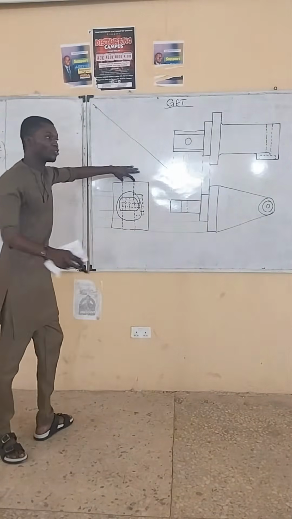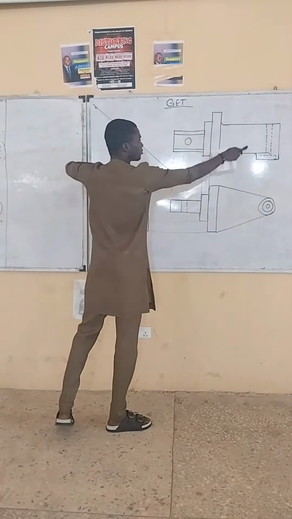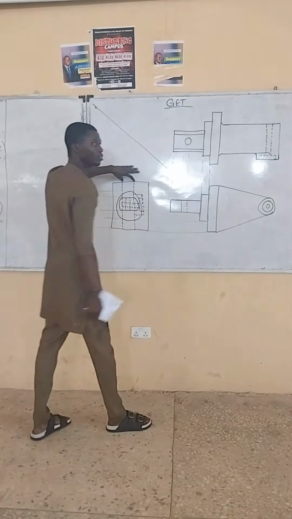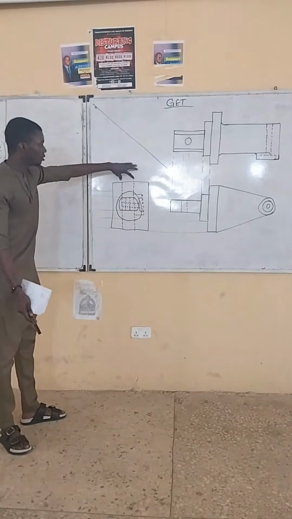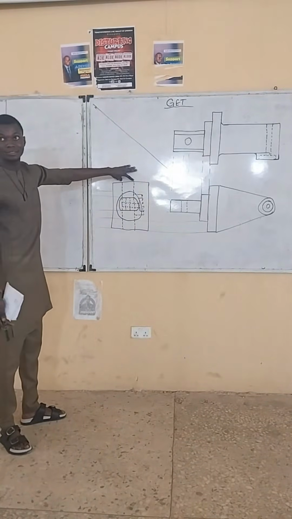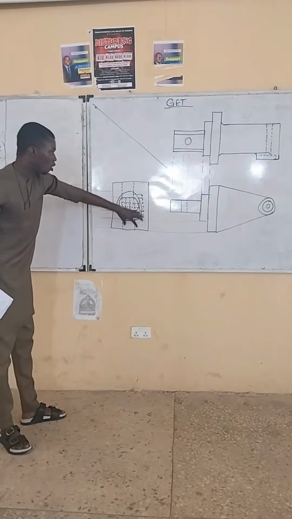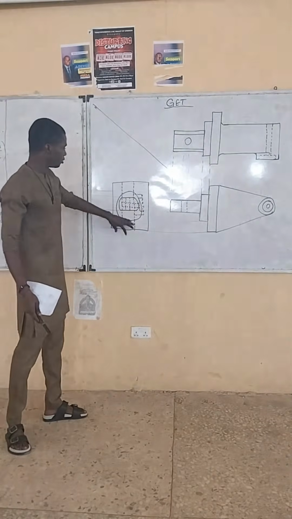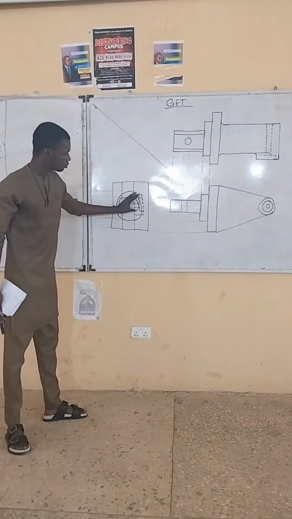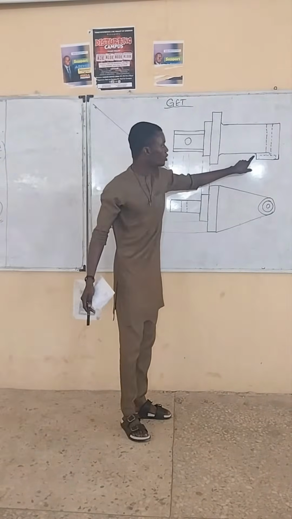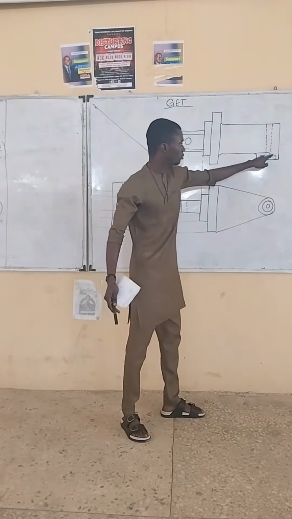If you look at the diagram, it's to indicate this big one that is at the back. It goes to the back like this, but you cannot see it. That's why we indicate the broken line all through. Then this other small one is to indicate this elongation here.